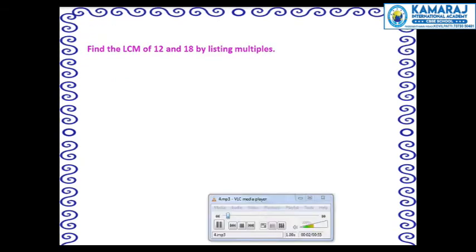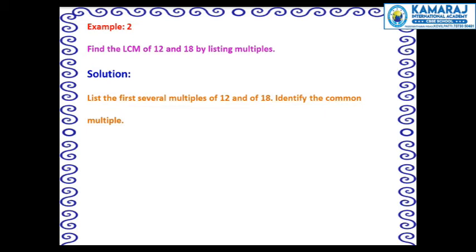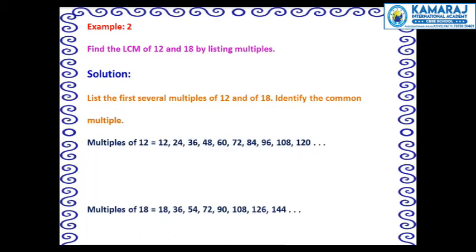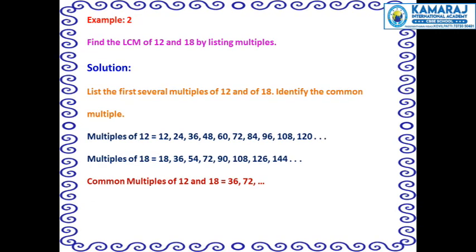Let us see the next example. Find the LCM of 12 and 18 by listing multiples. Solution. List the first several multiples of 12 and of 18. After that identify the common multiple. So these are the multiples of 12 and these are the multiples of 18. Next we need to find the common multiples.